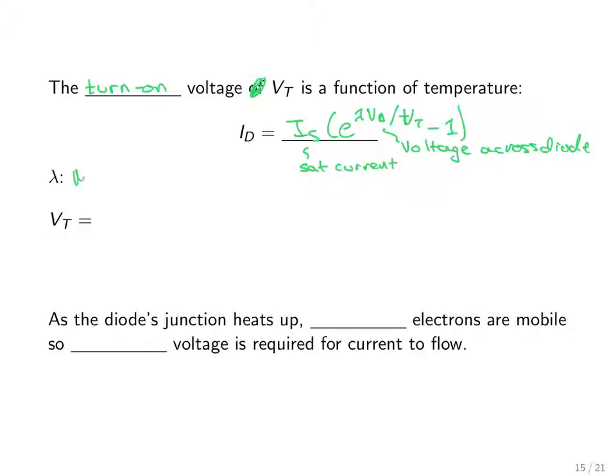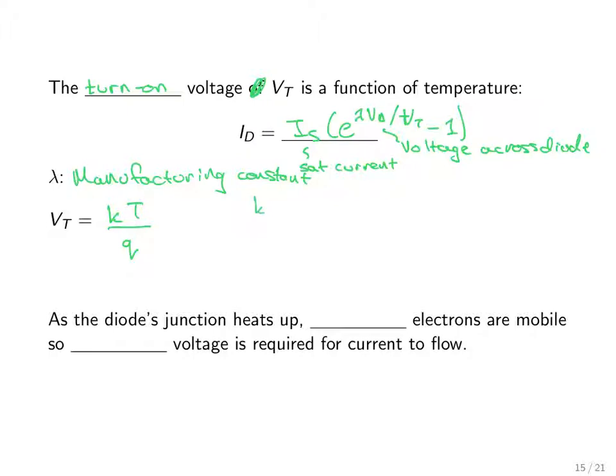Lambda here is a manufacturing constant. And V sub T is equal to K, Boltzmann's constant, times the temperature in Kelvin, divided by Q, the charge of an electron.